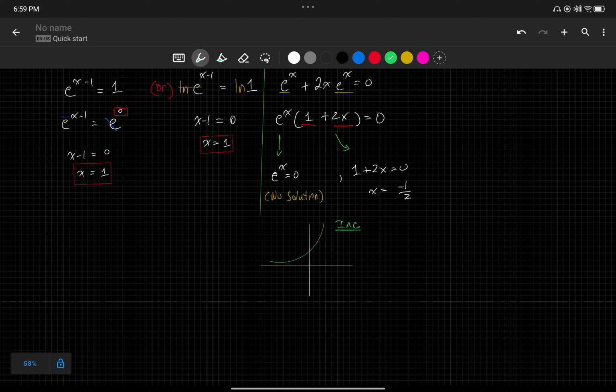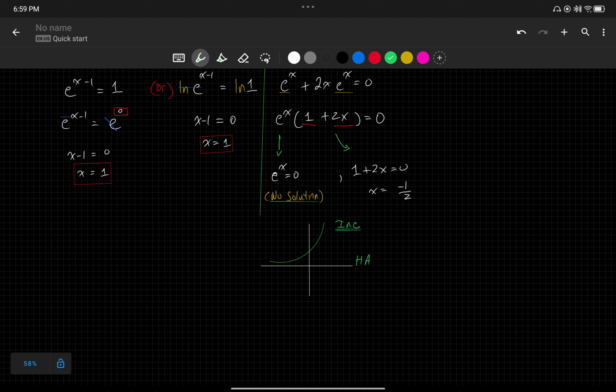So it will never be 0, in other words. So that's why it's no solution. We call this a horizontal asymptote. And that's why we have no solution.